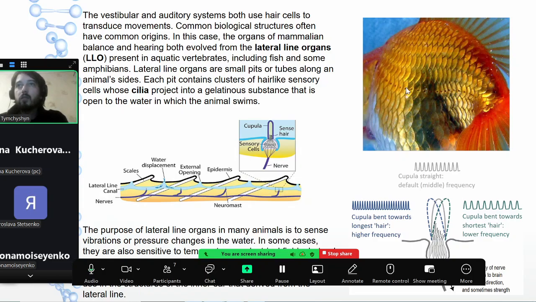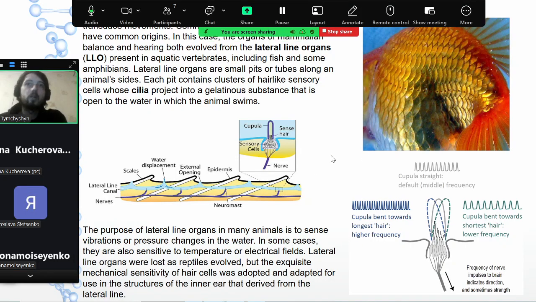Each pit contains a cluster of hair-like sensory cells whose cilia project into a gelatinous substance that is open to the water in which the animal swims. So here you see an enlarged scheme. Here is water coming in, here we have some external openings, and here you see the nerve, the cupula, and the hair cells.